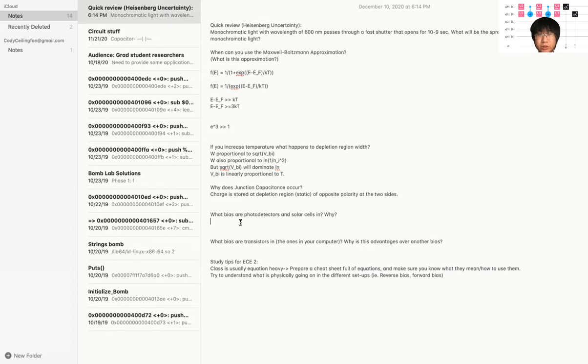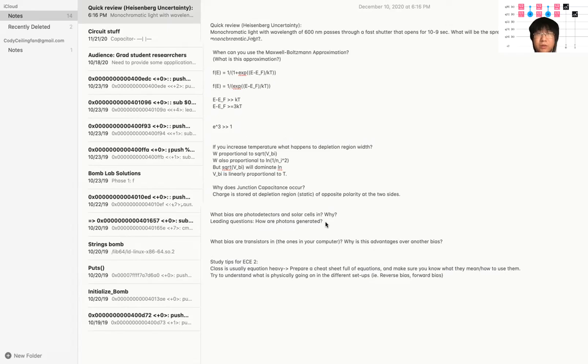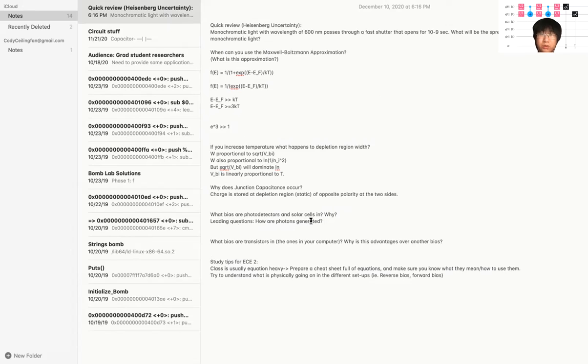I guess a couple of questions to consider is, how are photons generated? And another question to think about. Okay, so how are photons generated? Another question to ask is, do solar cells create or consume power?